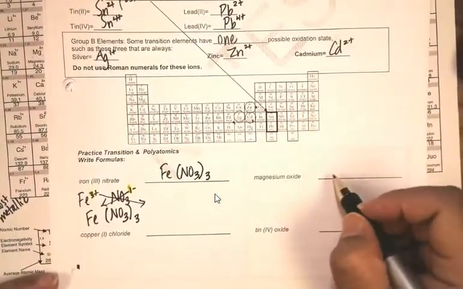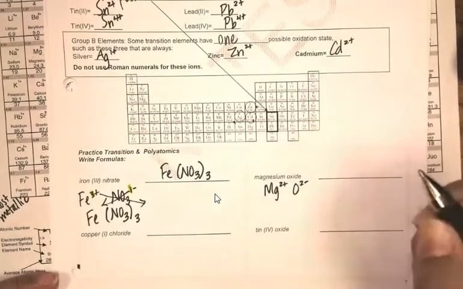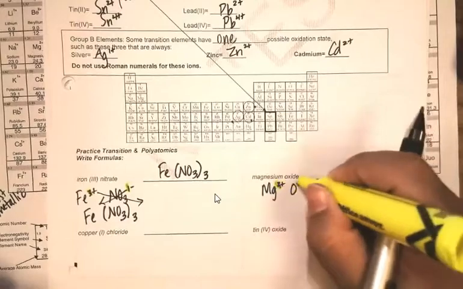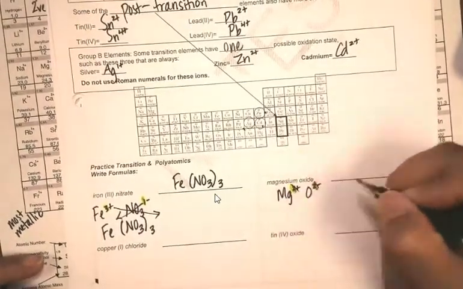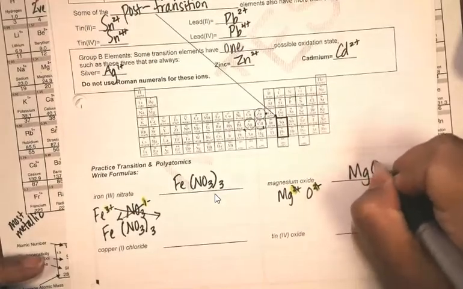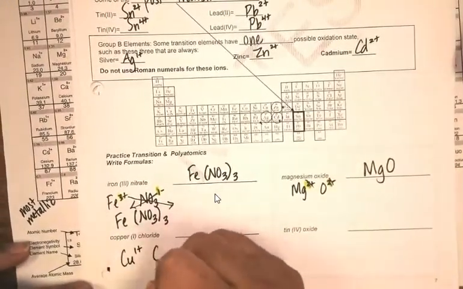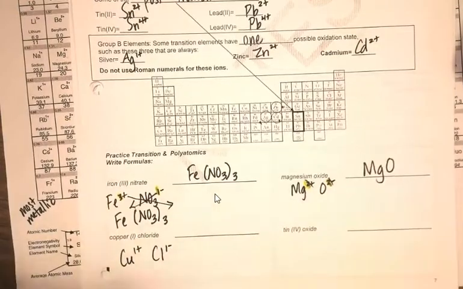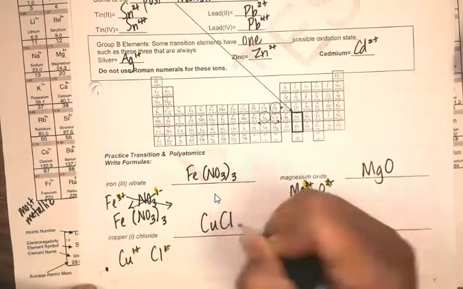Magnesium oxide. Magnesium is Mg2 plus, oxide is O2 minus. This is review of binary. That just cancels. MgO. Copper 1 chloride is Cu 1 plus, chloride is Cl1 minus. Those cancel, CuCl.